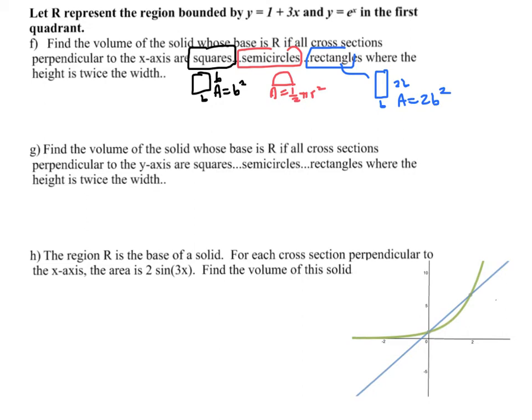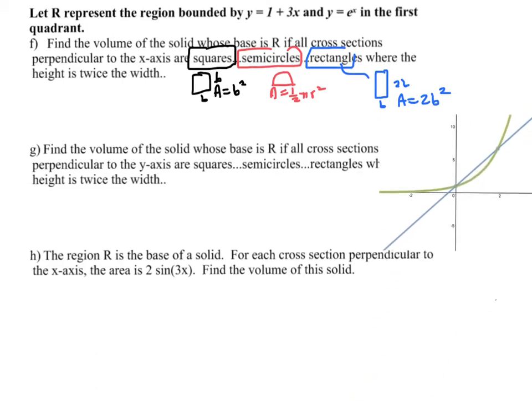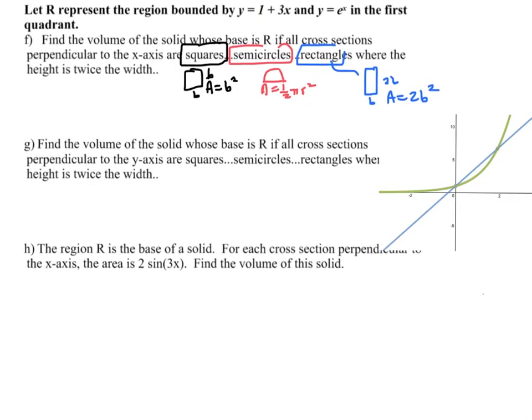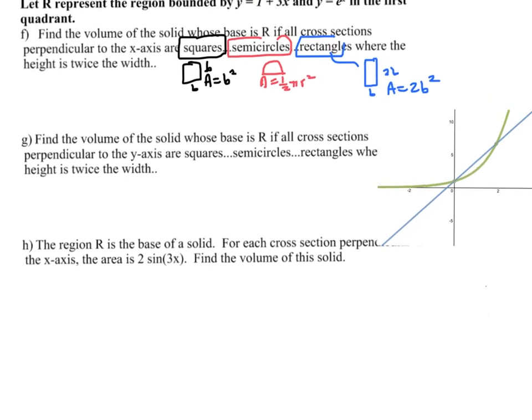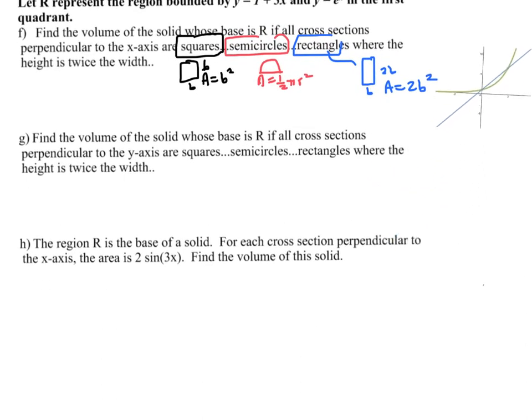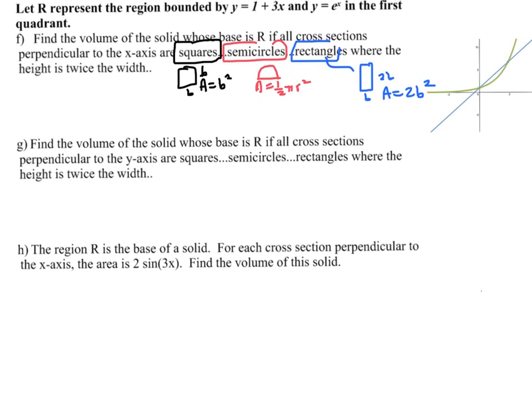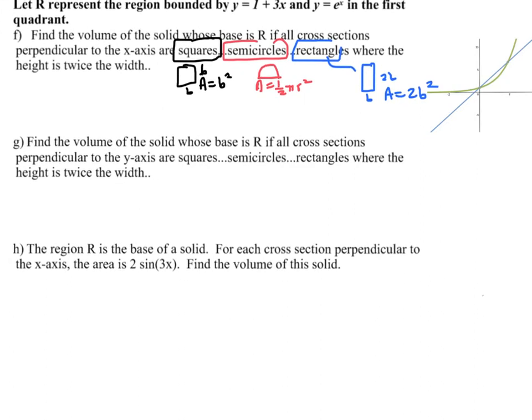Okay, now cross sections perpendicular to the x-axis. So if I draw that, if I can bring this up here for a second. Like that. So let's start with a square. This means you are putting little squares like this.